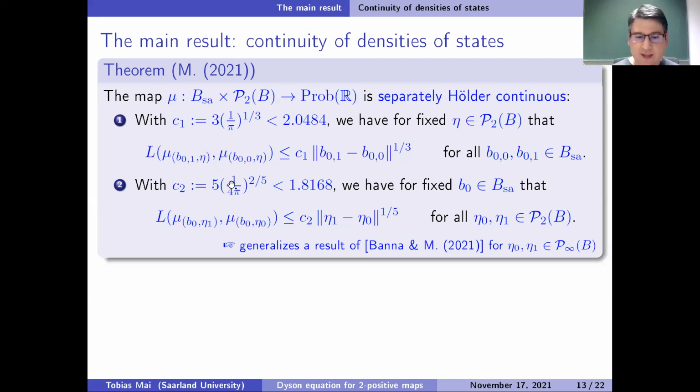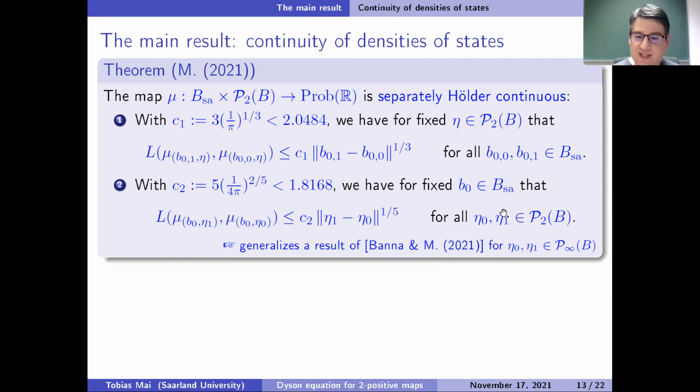What I would like to mention is that this result already appeared in a paper, in my joint paper with Marwa Banna, but there we used an operator-valued Lindeberg method, and this was basically limited to the completely positive case. So we have such a result in this paper, but only for completely positive maps.